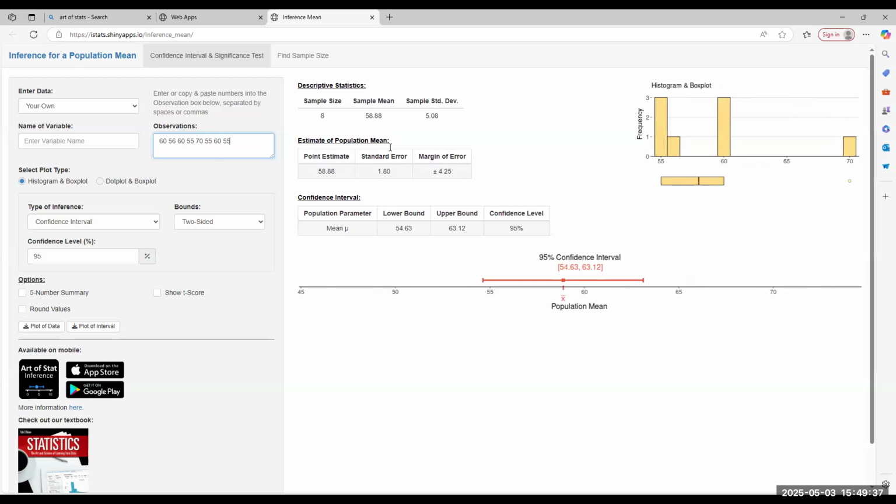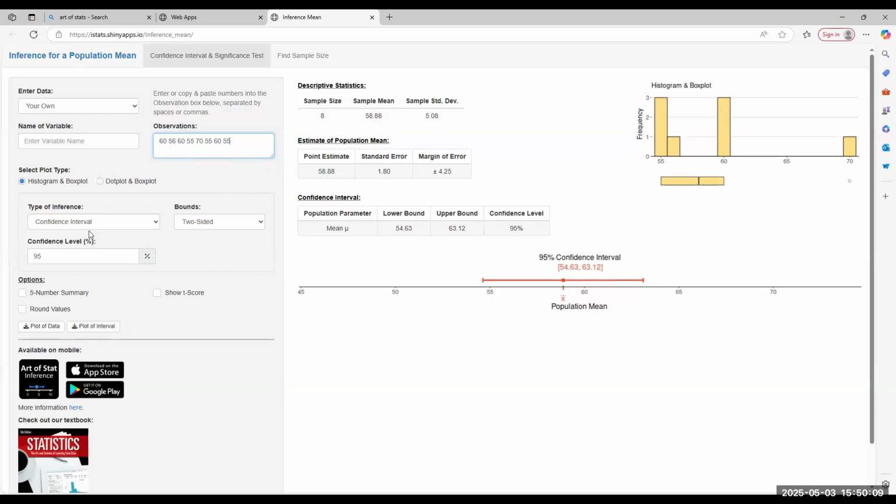As you can see, we already got the sample mean of 58.88. This is the one that I called 59. And the sample standard deviation is 5.08. I have 5.2, which is close. Let me check to make sure I have 8 numbers here: 1, 2, 3, 4, 5, 6, 7, 8. Yes.